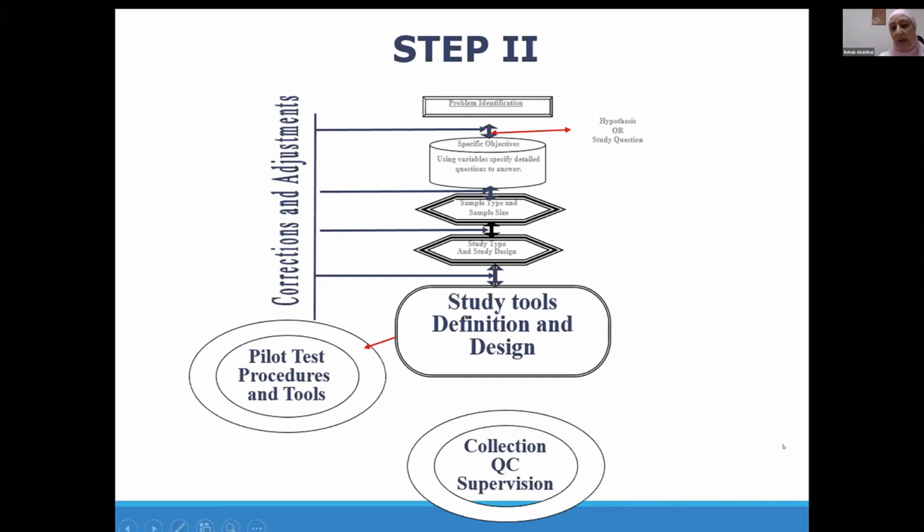So let me just add. After the pilot testing, if you're doing a survey study, you're going to wind up having a different survey based on the pilot testing. That's why you're doing the pilot testing.